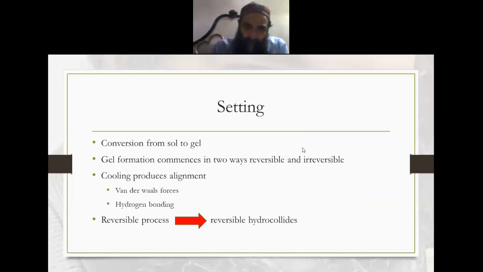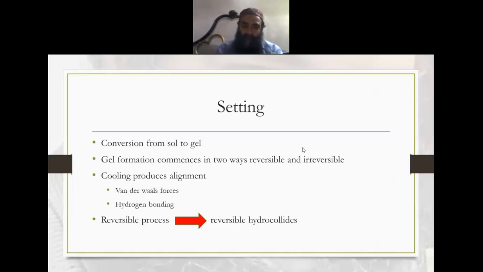Setting occurs through conversion from sol to gel. Now, how does gel formation commence? It commences in two ways. One is reversible and the other one is irreversible. Cooling produces alignment through van der Waals forces. You are already aware of van der Waals forces, and through hydrogen bonding.